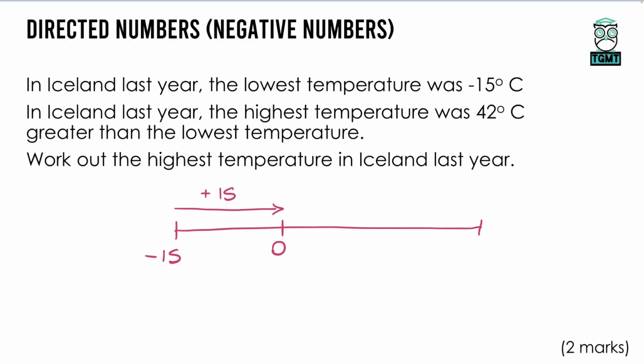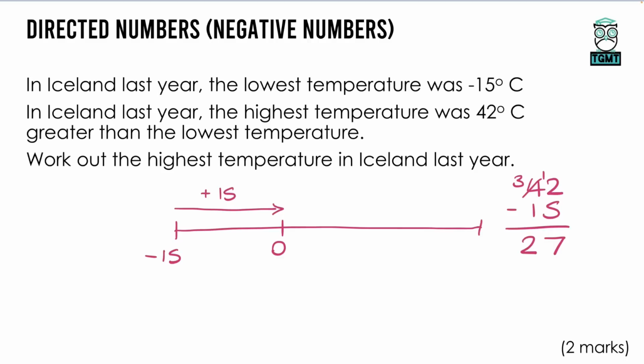So we want to know how much further we have to go to increase by 42. So what we could do is take away 15 from that 42 just to see how much higher we need to go. So I might do 42, take away 15, just some column subtraction to the side. I can't take away 5 from 2, so I'll have to borrow. 5 from 12 is going to go down to 7, and then 1 from 3 is 2.